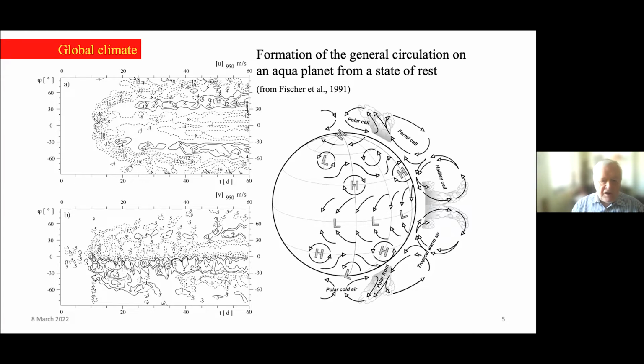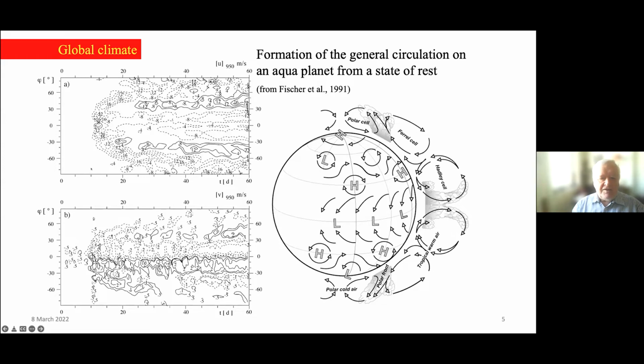So you see here on the left-hand side the zonal wind at 950 hectopascals, zonally averaged. And here the meridional wind, for the first 60 days, from the South Pole to the North Pole. During the first 10 days, nothing was happening.